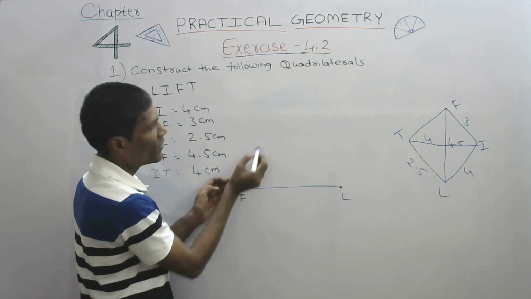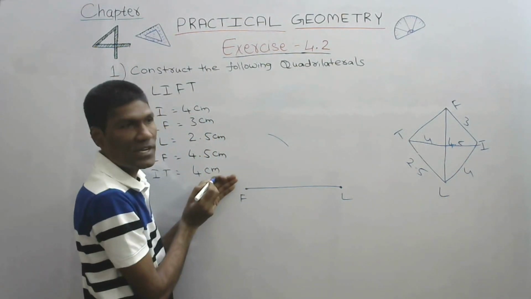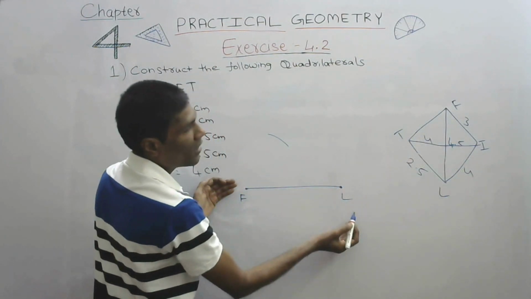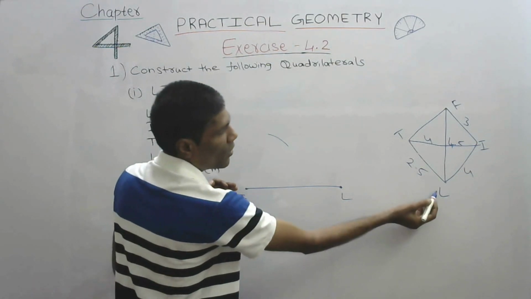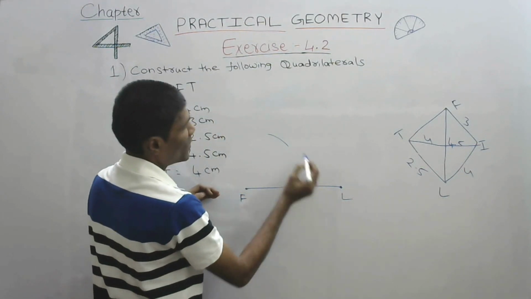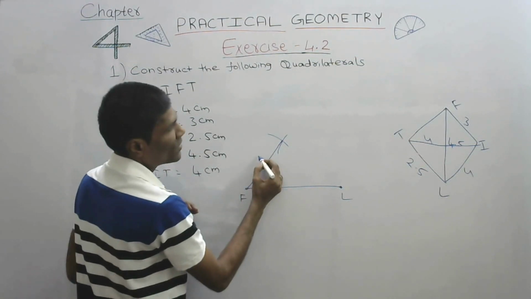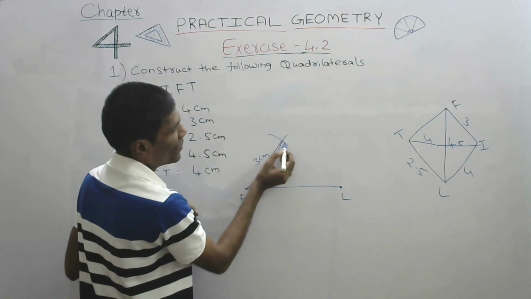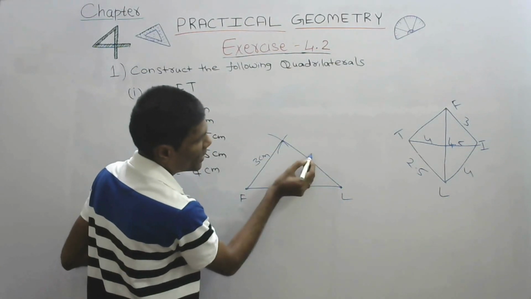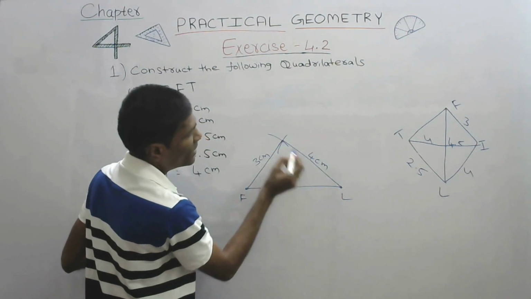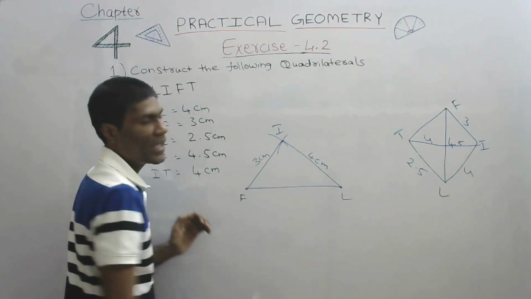So from F, draw an arc for 3 centimeters. From L, draw an arc 4 centimeters. From this 3 centimeters, join this. This will be 4 centimeters and this will be I.